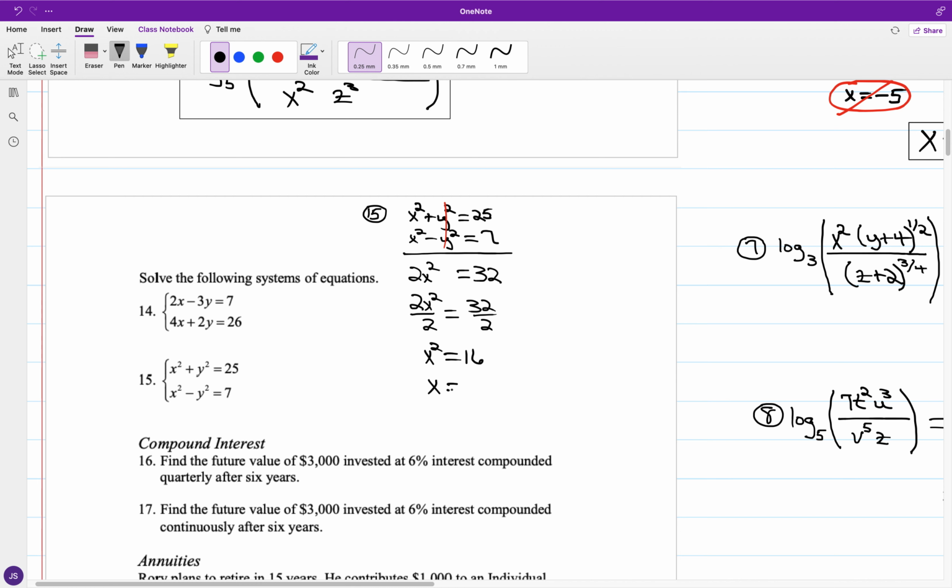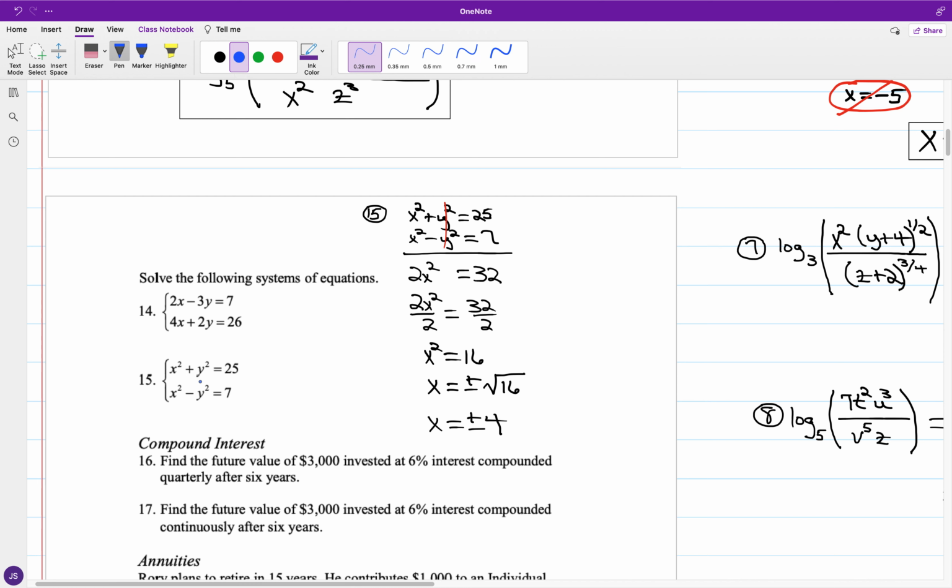And with the square root property of equality, we go from x squared to x. So we'll have x equal to plus or minus the square root of 16. So we have two possible values of x, which will be the additive inverses 4 and negative 4.